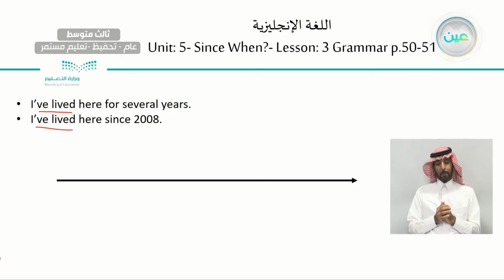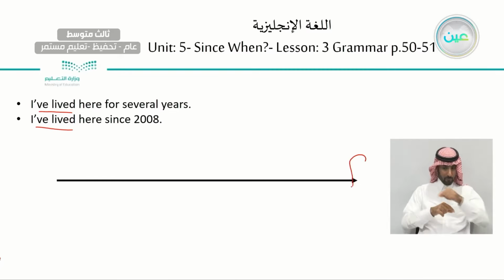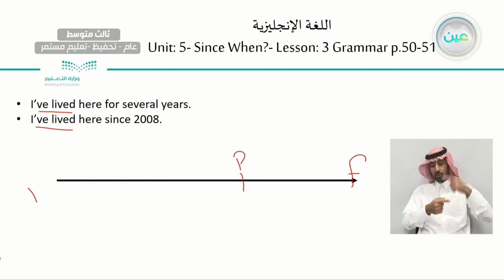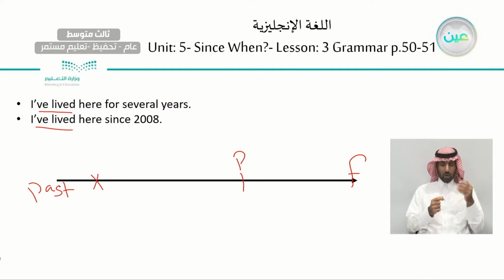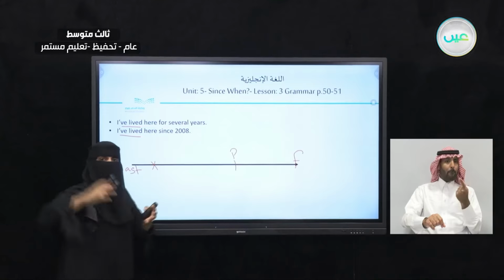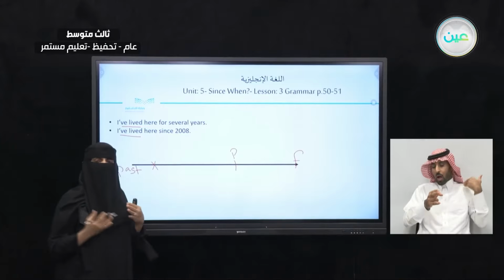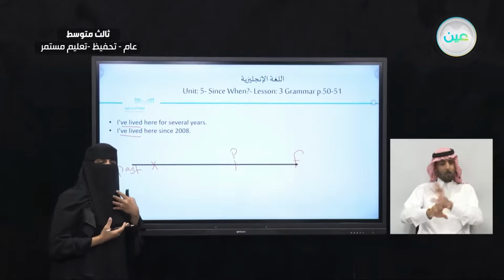So here the timeline, how do we draw it? Here we have the future, present, and we have the past, okay? Do we put an X, something happened and we stop? No. When I tell you I have lived here for several years, the action started in the past, but the effect continues.